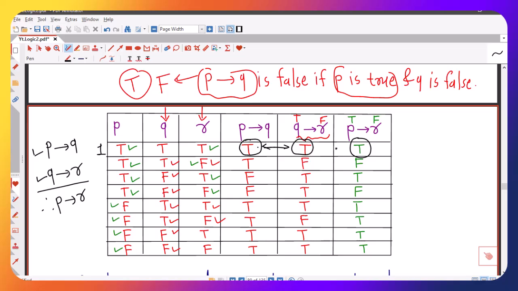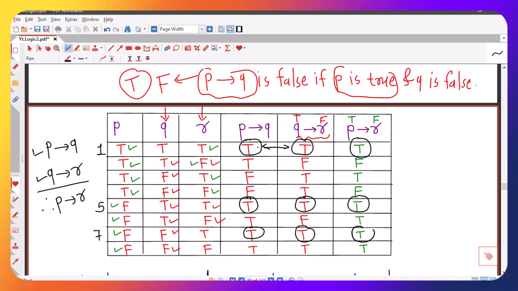This means whenever P implies Q and Q implies R, both are true, then P implies R is also true, and we have to check for all possibilities of P implies Q and Q implies R in which both are true. So in first row both are true, in second row both are not true, in third row also, in fourth row also both are not true, and in fifth row both are having truth value true and corresponding value of P implies R is also true. Similarly in row number 7 both are true.